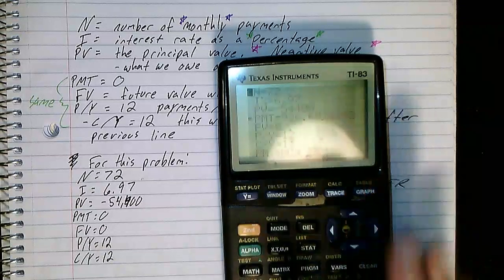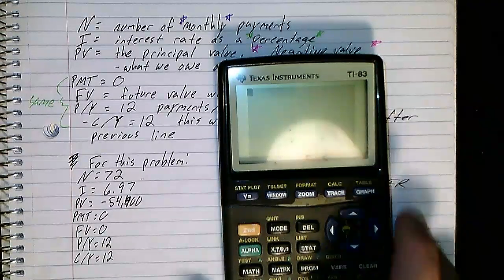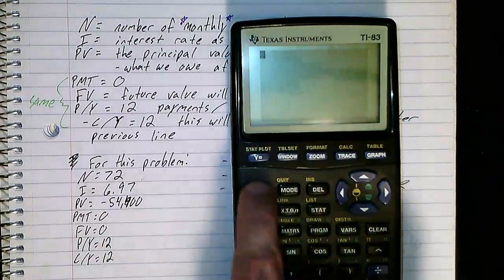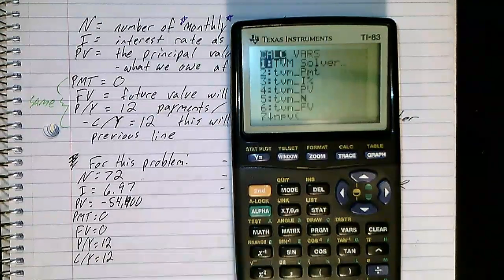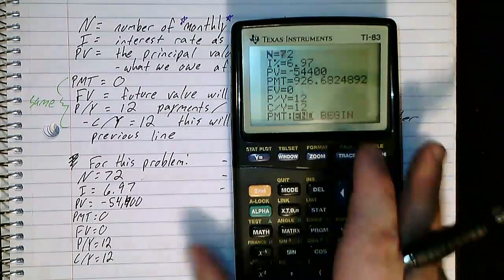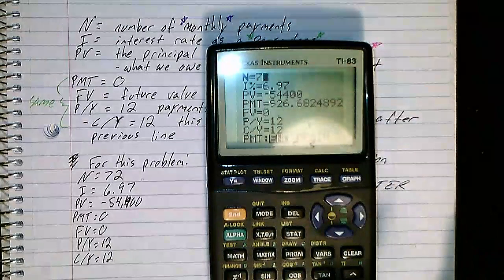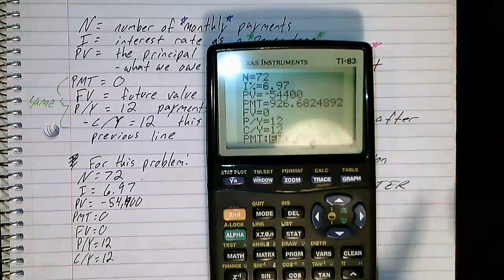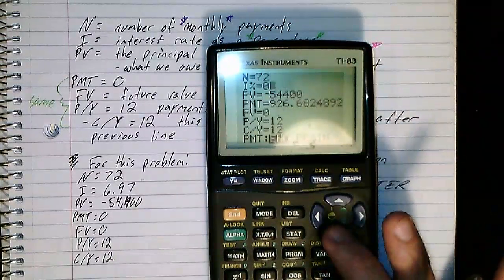So again, from the beginning. In an 83, it's second, X to the negative first, brings up finance. If you have an 84, just hit apps and then the finance button. We choose TVM Solver, 72 for the number of payments.